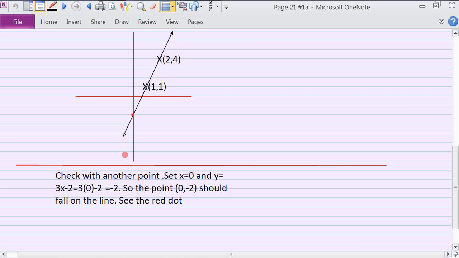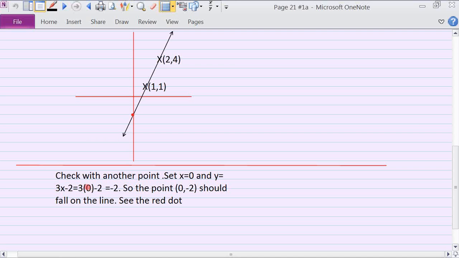Now, since we have the graph, we could check with another point, some point that we chose. Supposing we set x equal to 0 in 3x minus 2. Y equals 3x minus 2 equals 3 times 0 minus 2.